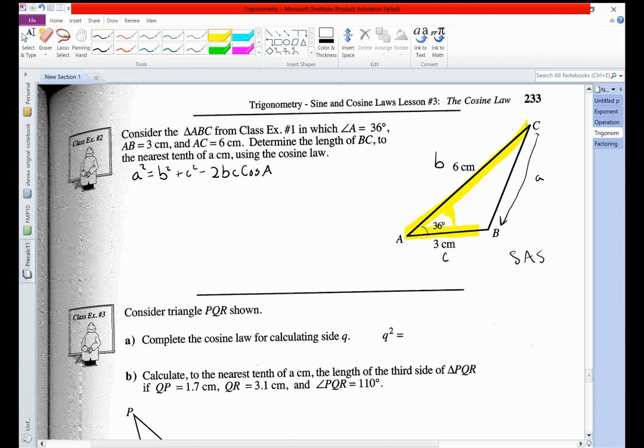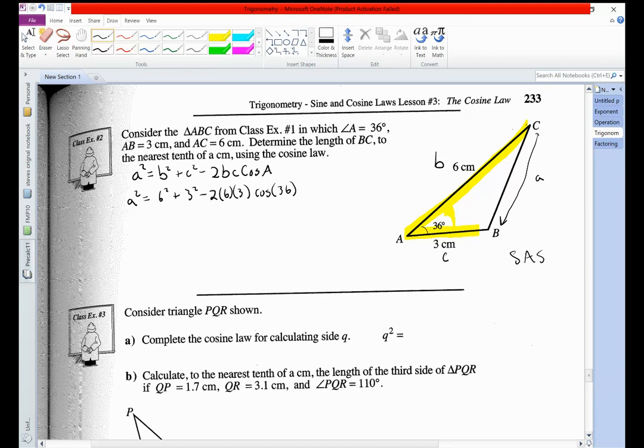So let's fill out what we know. B is 6, so we have 6 squared plus C is 3, so that's 3 squared minus 2 multiplied by 6 multiplied by 3 multiplied by the cosine of angle A is 36 degrees.